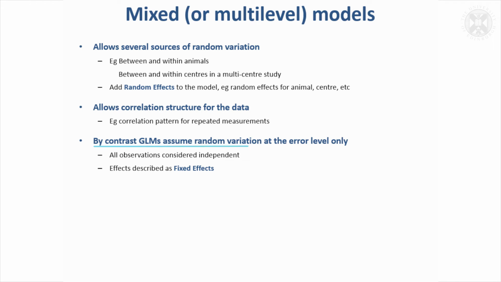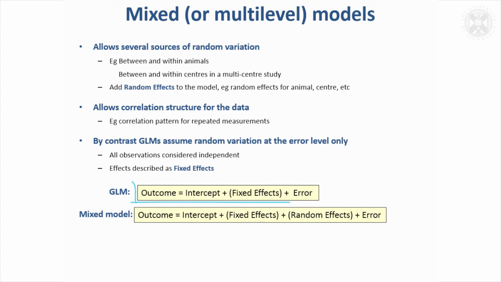So if we contrast that with general linear models, although they can fit lots of effects, they're only assuming random variation at the error level. So it's basically assuming all the observations are independent. And in those models, you might describe those effects as fixed effects to differentiate them from the random effects that you can put into mixed models.